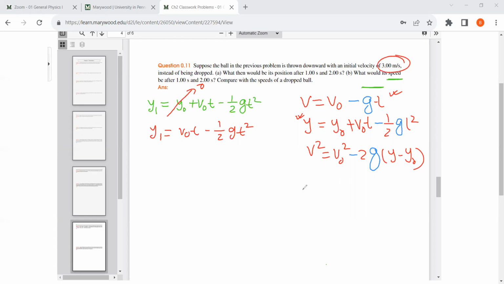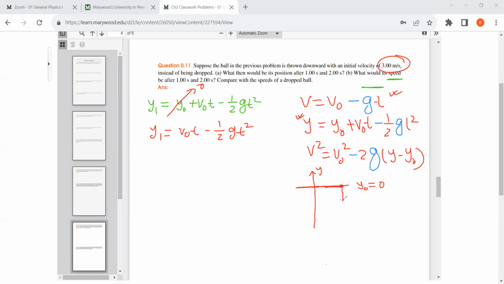Now again here we have to be careful, so this is a little bit tricky. y is in this direction, and we throw the ball from this position, from y0 equal to 0.